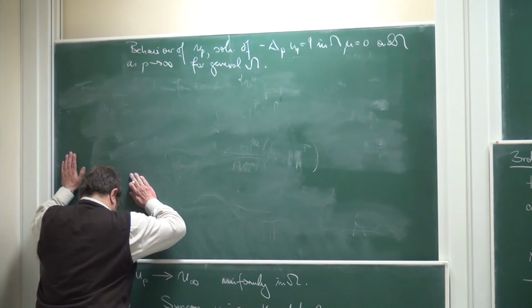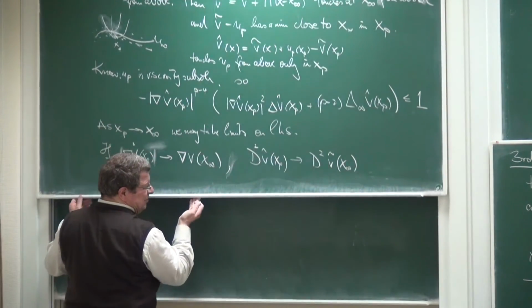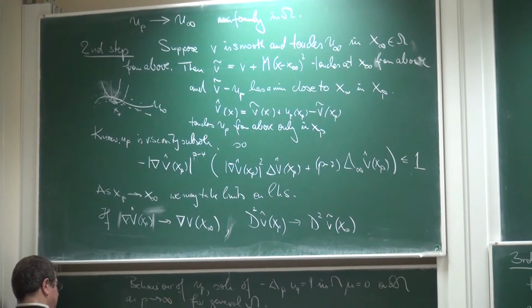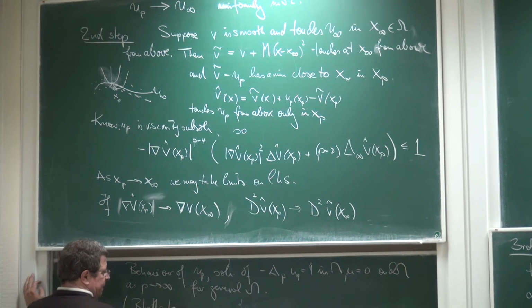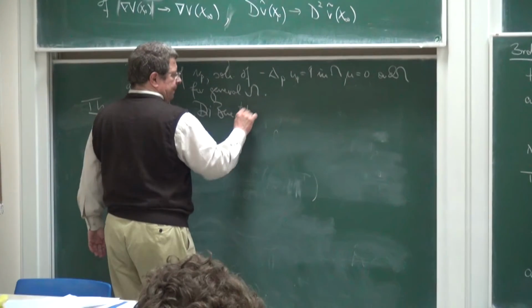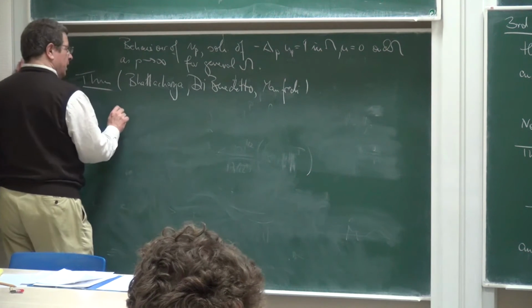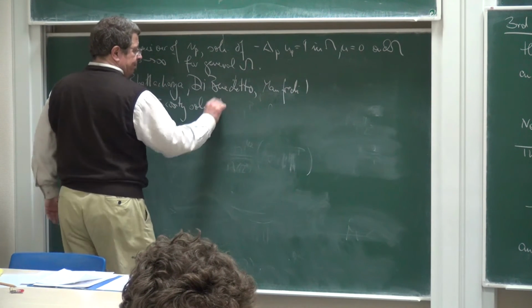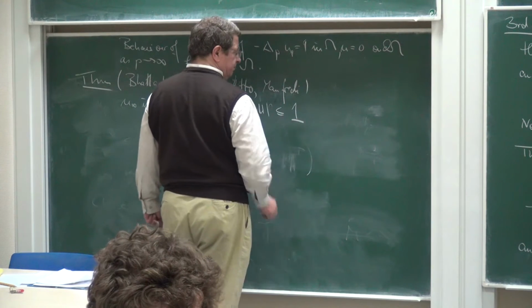There's a paper of Bhattacharya, Di Benedetto and Manfredi, that says u infinity is a viscosity solution of the gradient of u less or equal to 1.